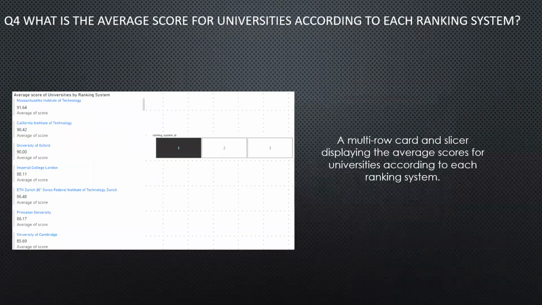So the next one is, what is the average score for universities according to each ranking system? Here we have put a multi-row card for displaying the college name and average of score, in which we took the university name from the university underscore name column from the university table, and we took the score column from the university ranking year and took its average, added the slicers so that only the universities under the certain system will come.